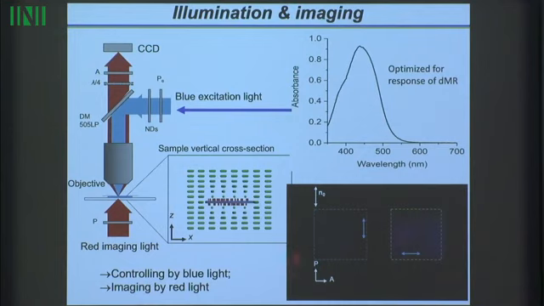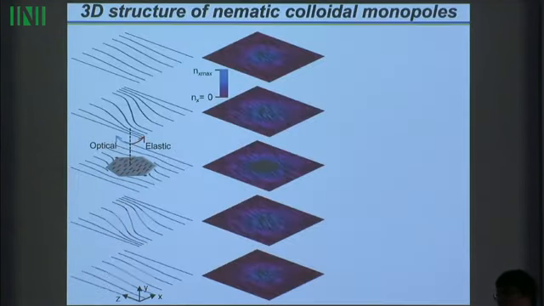And you can see from this video how in situ in a microscope we can observe with red light the response of these particles to blue light with different polarizations. And so in this setting, where we have two channels, blue light for excitation and red light for imaging, we can probe the structure and also control it with light at the same time.